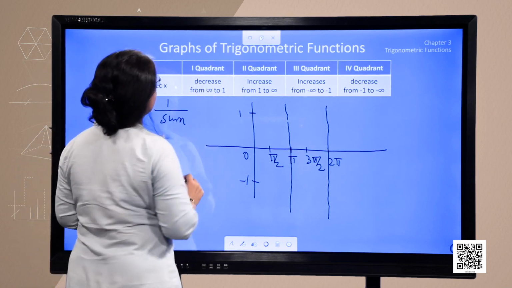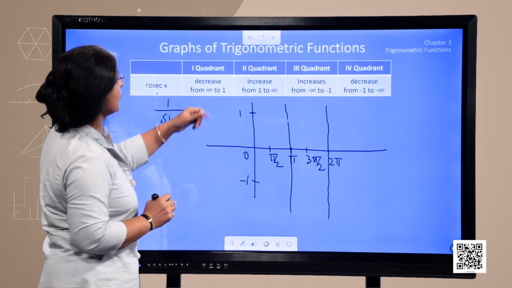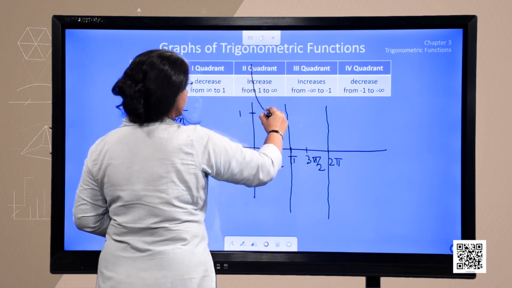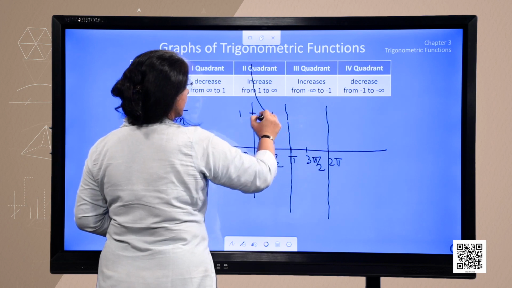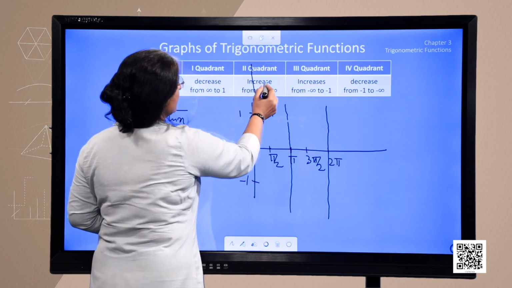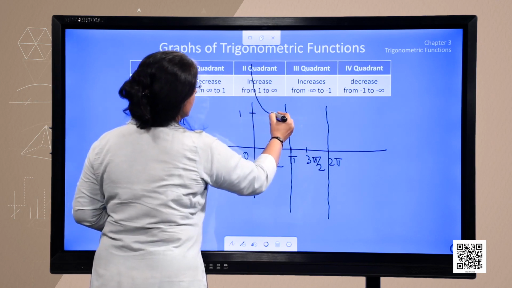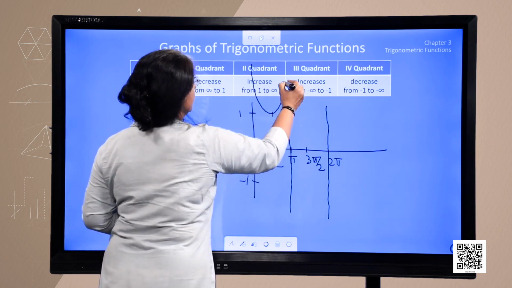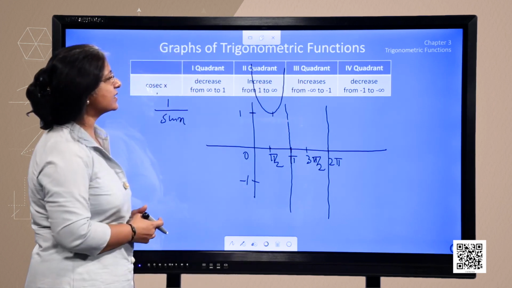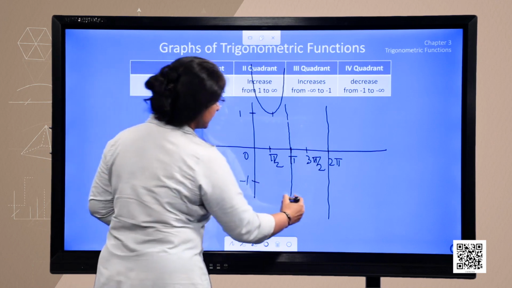So, in the first quadrant, cosec x decreases from infinity to 1. It is coming from infinity and it will end up at 1. And in the second quadrant, that is from pi by 2 to pi, it will increase from 1 to infinity. Further, it goes like this. In the third quadrant, it increases from minus infinity to minus 1.